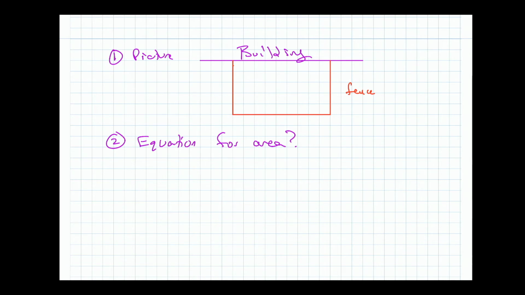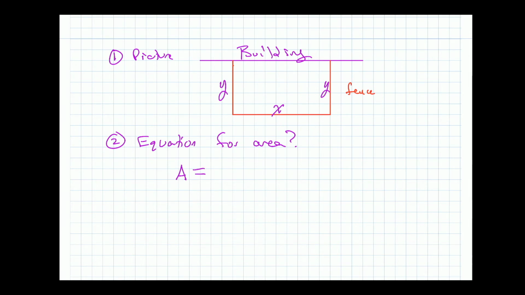So you have to label the sides of this rectangle. Call them what you want. Maybe we call this one Y and this one X. Y and X. And then what's this one? Another Y, right? So there's your fence. What's the equation of the area? What is the area of a rectangle?